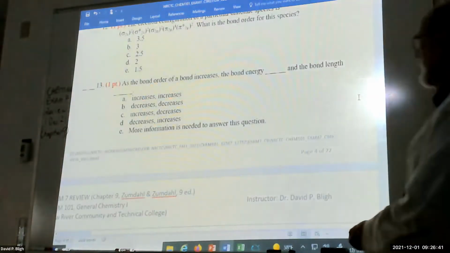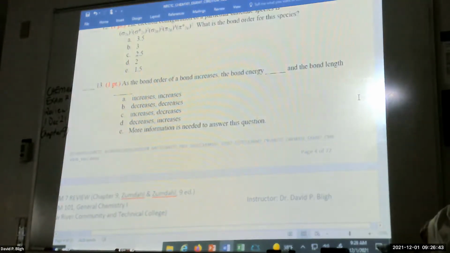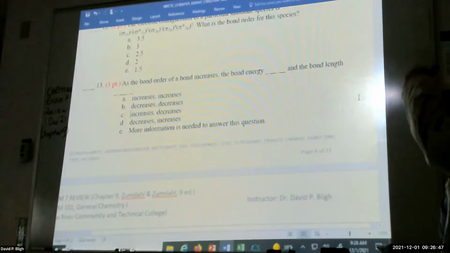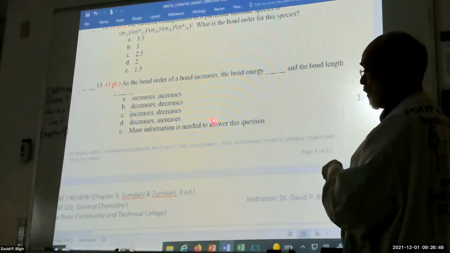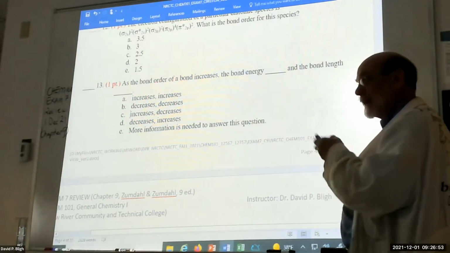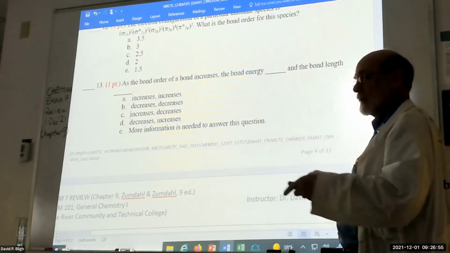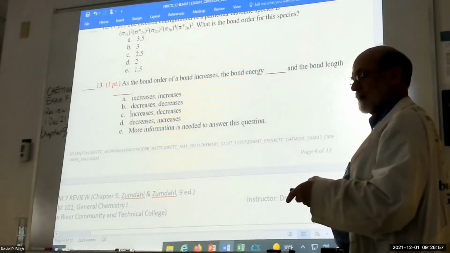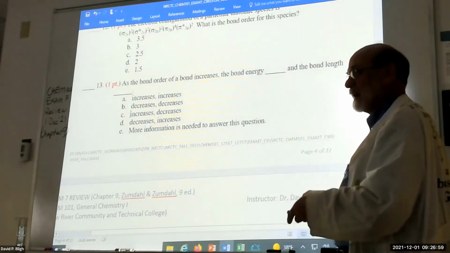13. As the bond order of a bond increases, get higher bond order, the bond energy does what? According to the answers, it can either increase or decrease. The bond order increases, the bond energy increases. It takes more energy to break the bond.